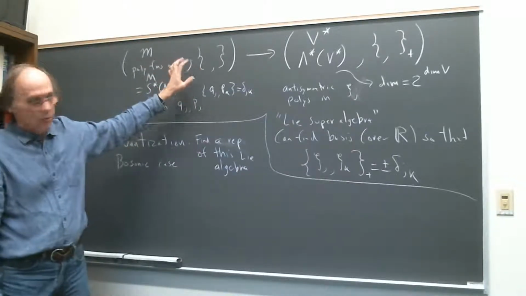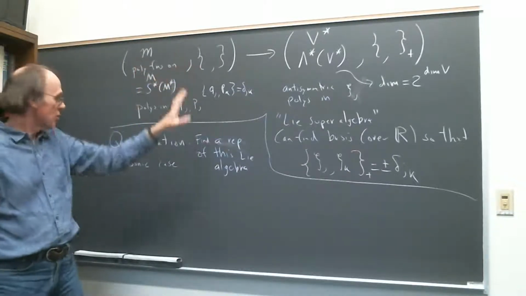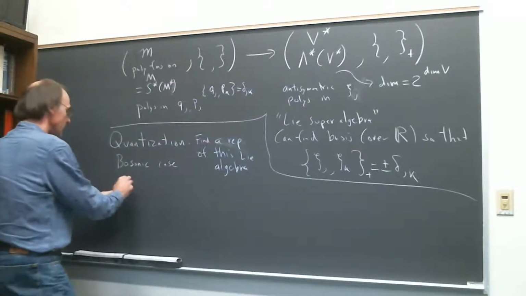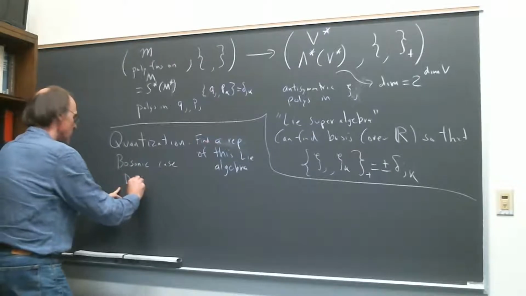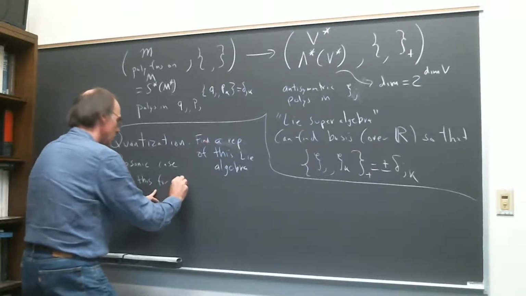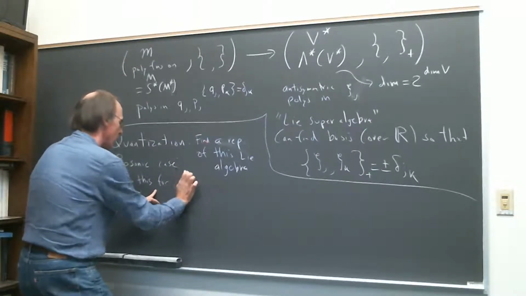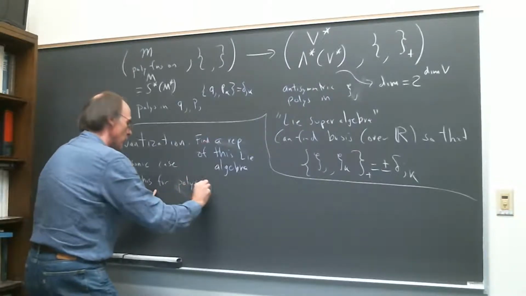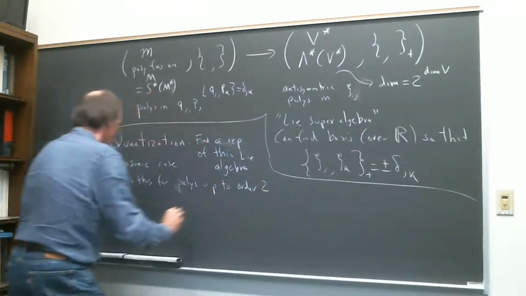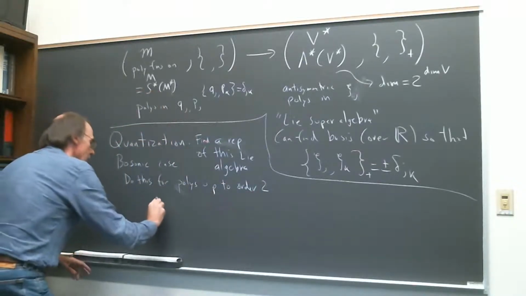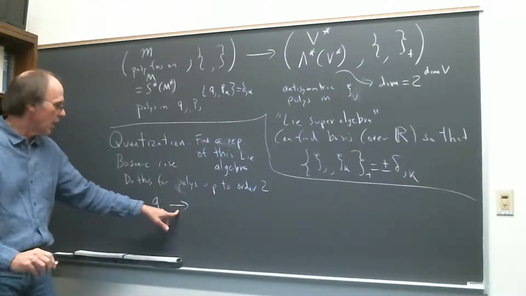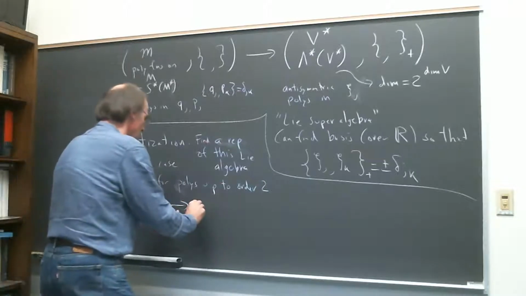And so what we found here was that in the bosonic case, you could do this for quadratic polynomials, polynomials up to order 2, and by taking qi under quantization, qi became the operator.